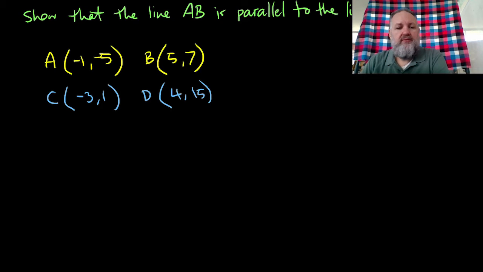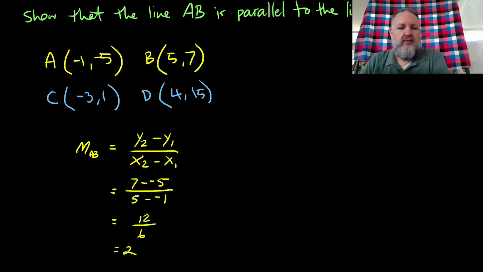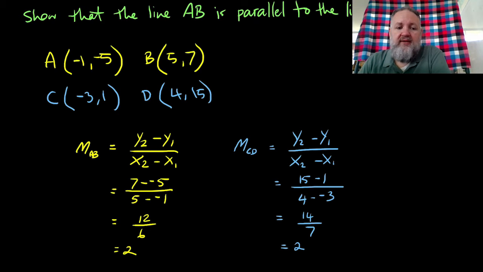I will use my good old gradient rule, y2 take y1 over x2 take x1, and I would see that my gradient is indeed 2. I would then do the same thing for my line CD, and we would find that the gradient is also 2.